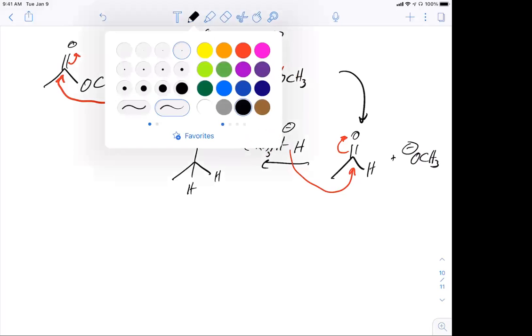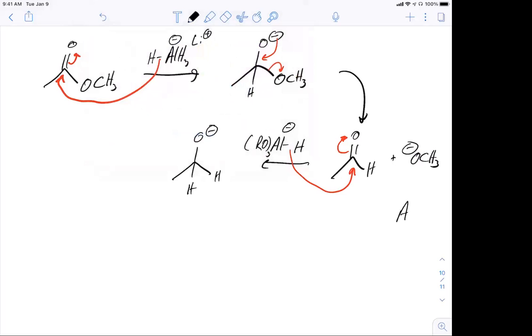Well, these two will react together to regenerate the hydride donor. So whenever we look at the aluminum, it's not that we can only use one H. We could potentially use all 4 H's.